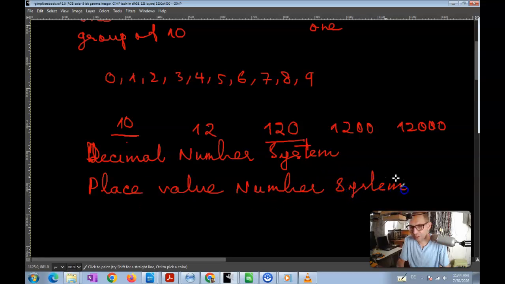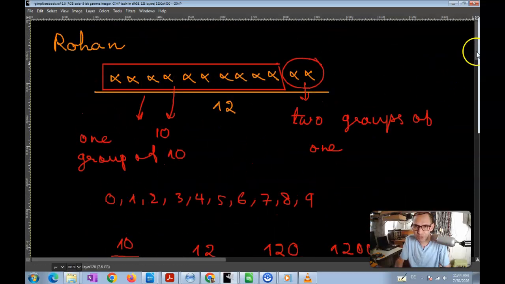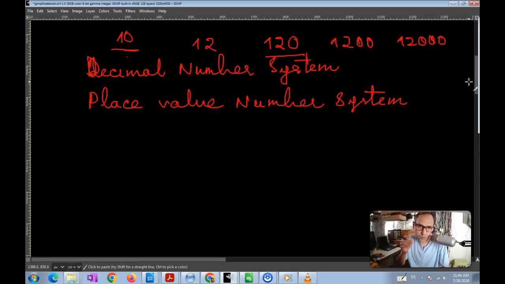There are other number systems, for example the Roman number system. In the Roman number system there is no place value; it's more or less still the same system that we had over here, using those sticks. You have to put sticks one after the other to make the number.